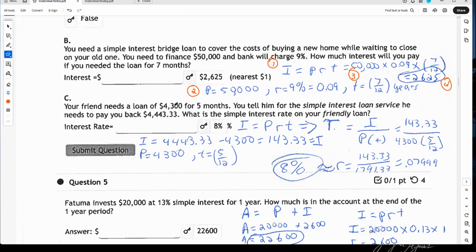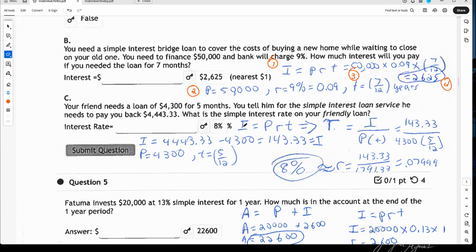Your friend needs a loan of $4,300 in 5 months. You tell him simple interest on a loan service needs to pay you back $443. What is the simple interest rate? They want the rate here.